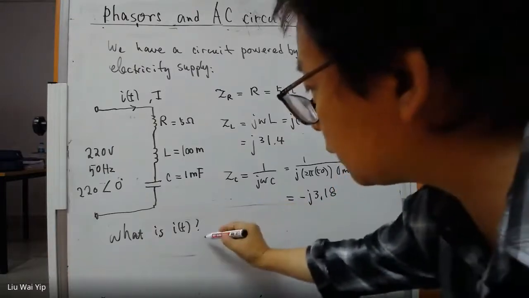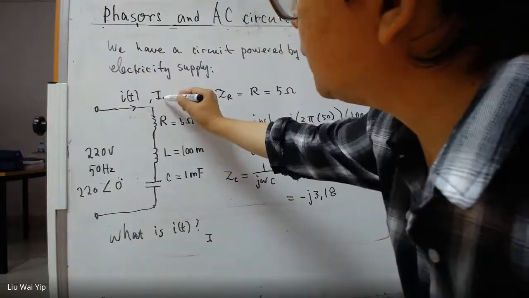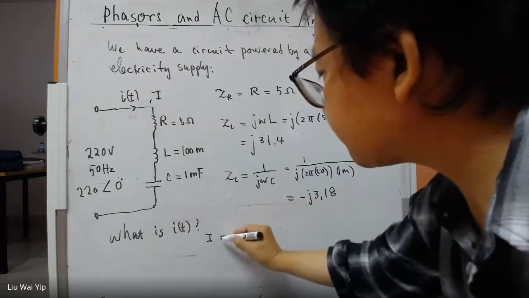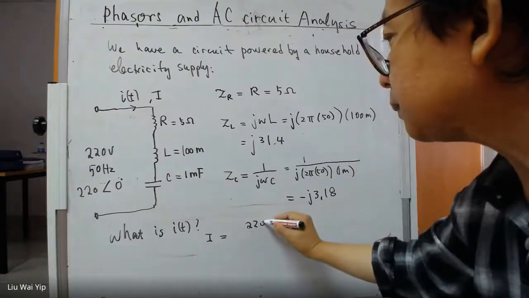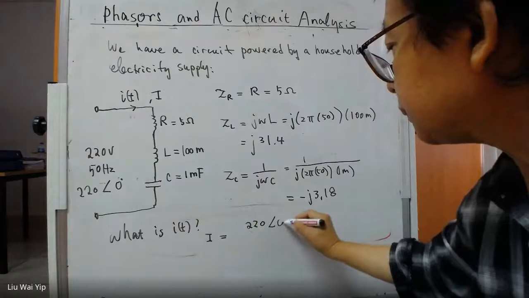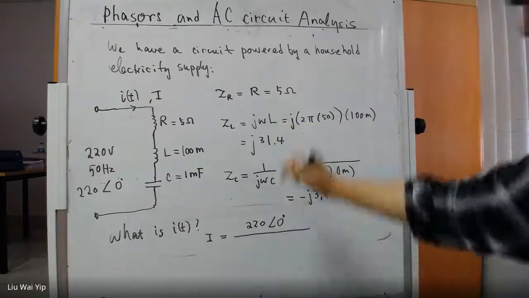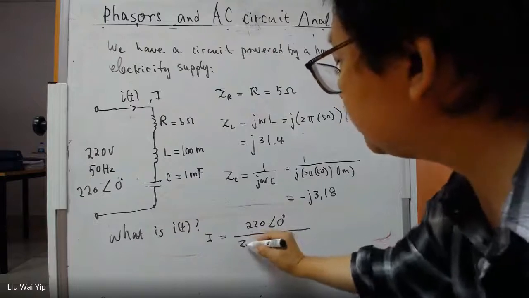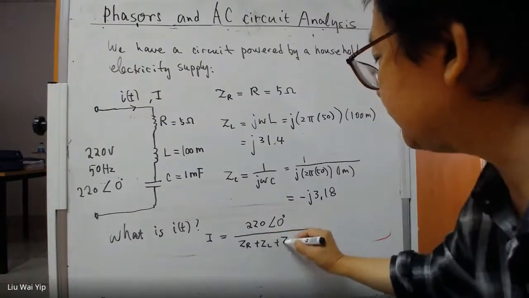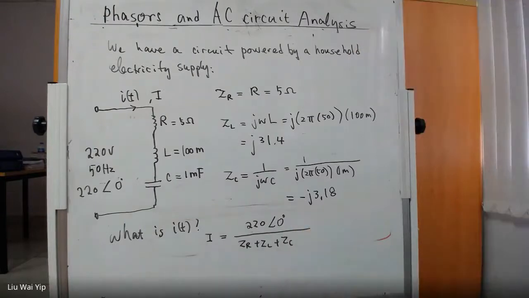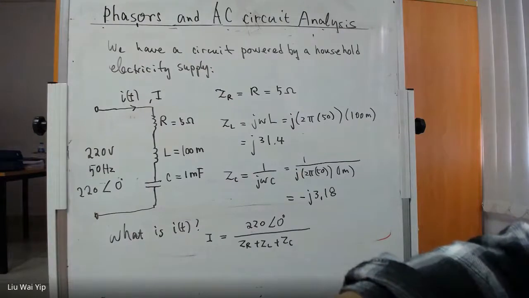The current is going to be the voltage divided by the total impedance. And we have already got this: ZR plus ZL plus ZC. So this is how we solve the problem.